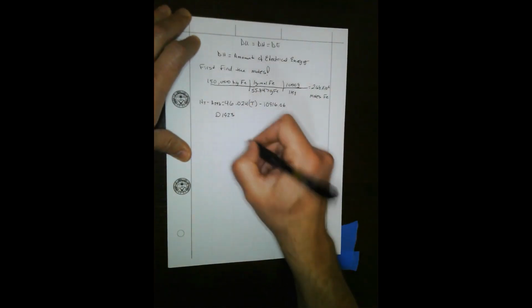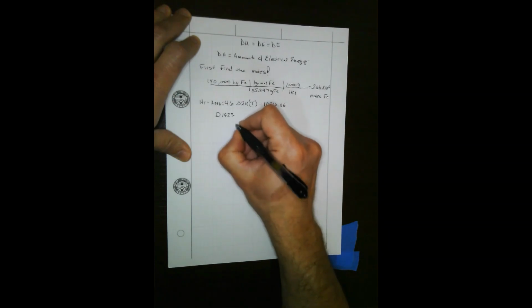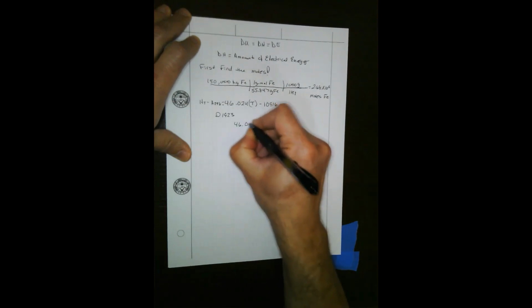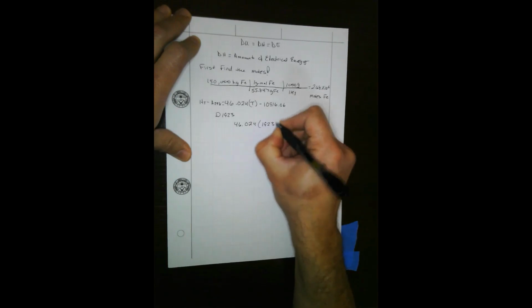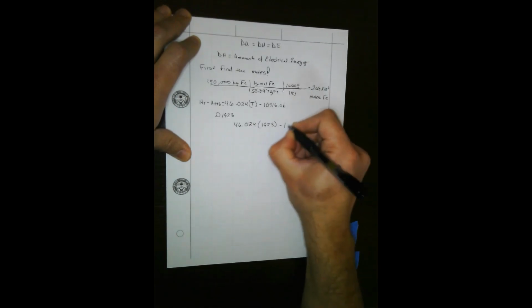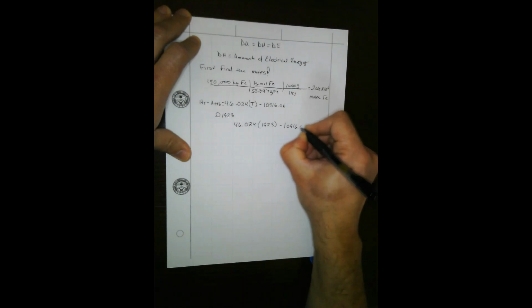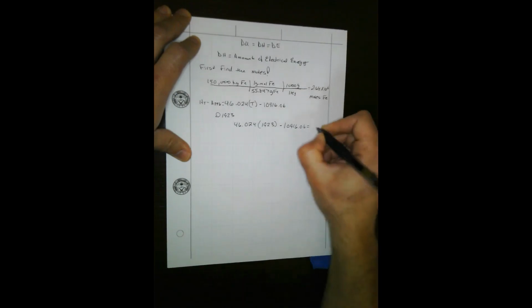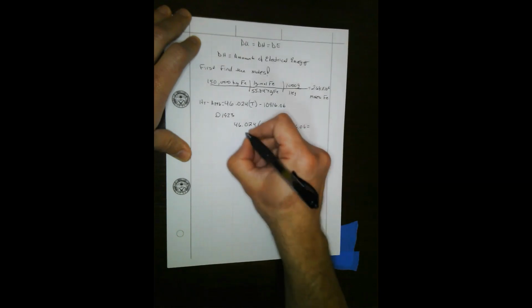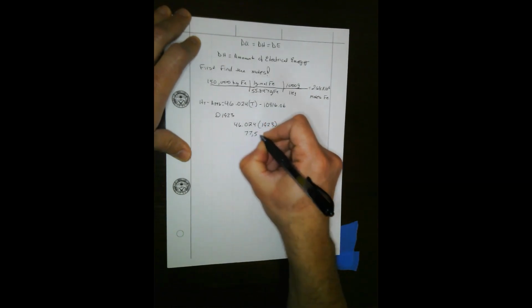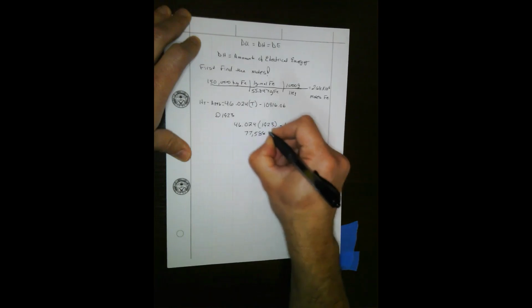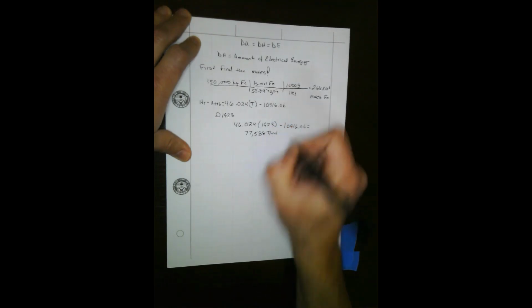So let's calculate the sensible heat at 1923. That's simply 46.024 times 1923 minus 10916.06, and that equals roughly 77588 joules per mole.